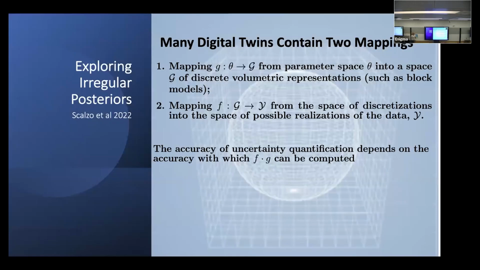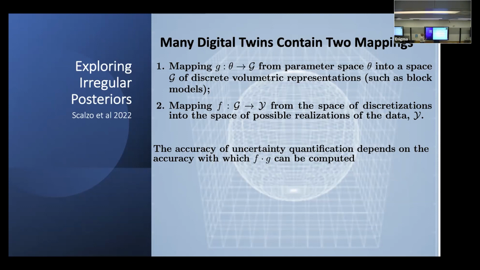So it led us to think that, okay, when we're doing this mapping from digital twins, so we've got a physics model and we're combining it with data, we're really doing, at least in the geophysical models that I have described, two mappings. We're first mapping from a parameter space, theta, into a discrete volumetric representation of the world we're trying to model.